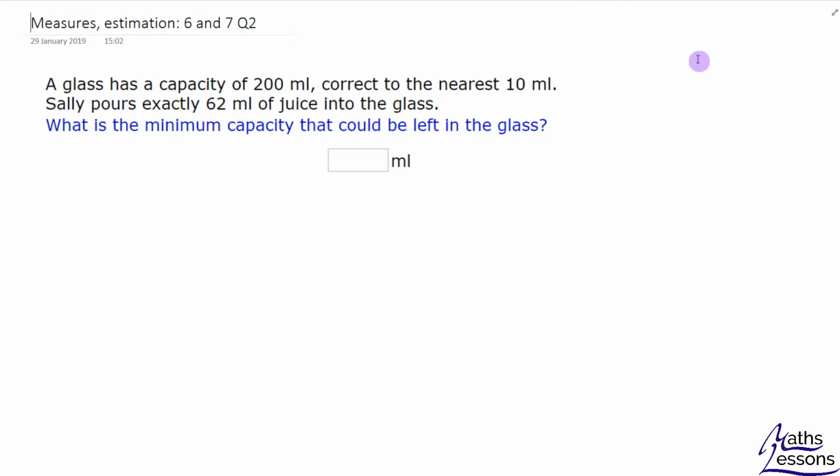Right, we're going to move on to bounds and accuracy. This one should be reasonably straightforward, but I'll give you about a minute to look at it.